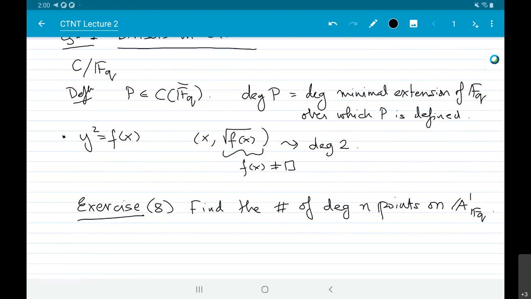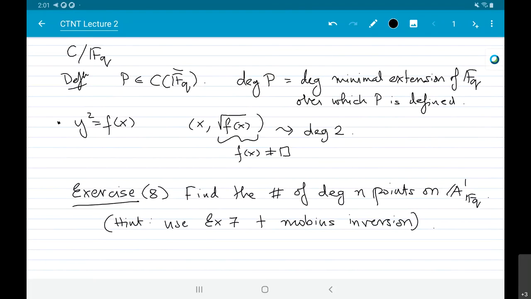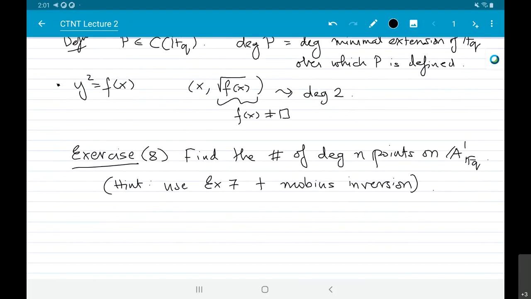The hint is to use exercise 7 plus Mobius inversion, which you learned in the last lecture. Brandon talked about Mobius inversion in his lecture, so you can use that in order to find the number of degree n points on A^1. It's quite a fun exercise, actually. Okay, great.